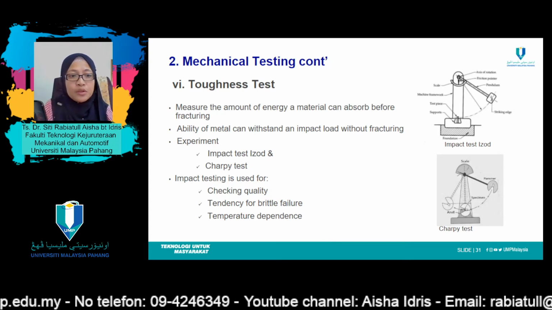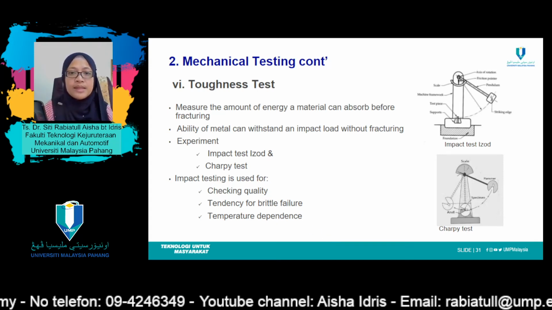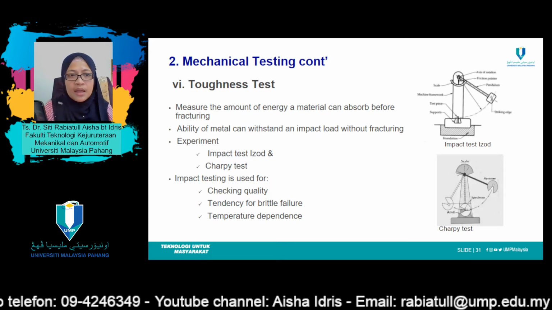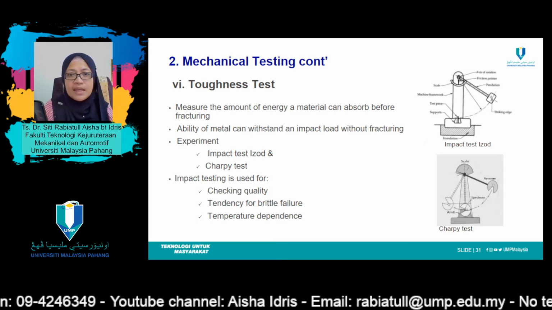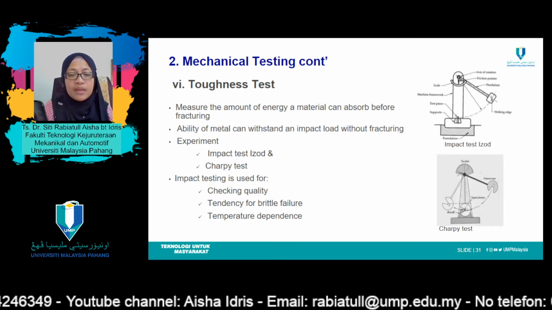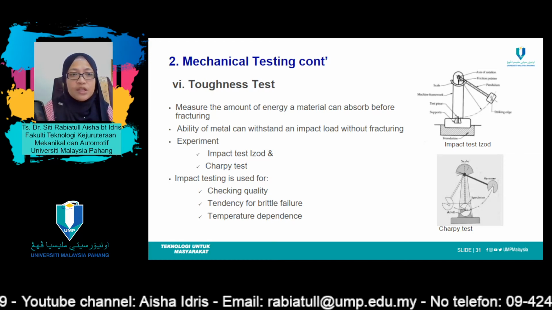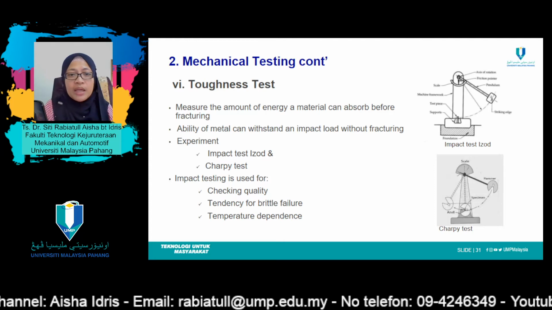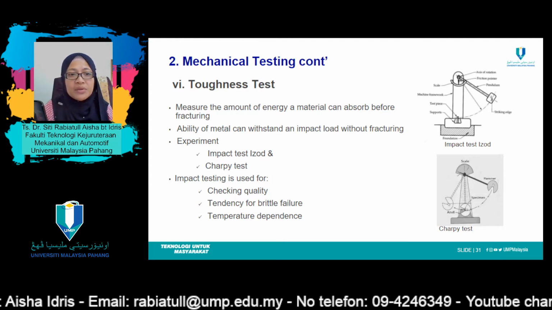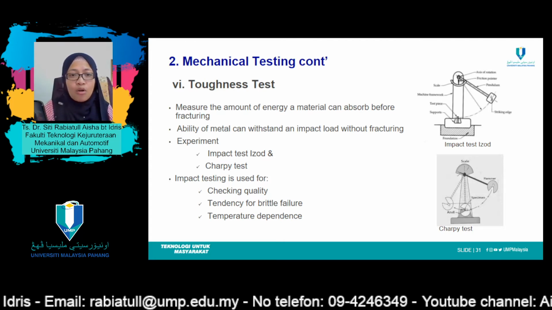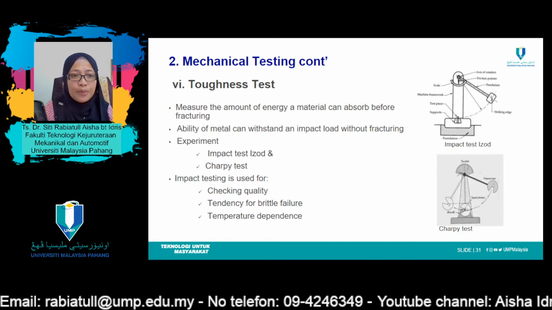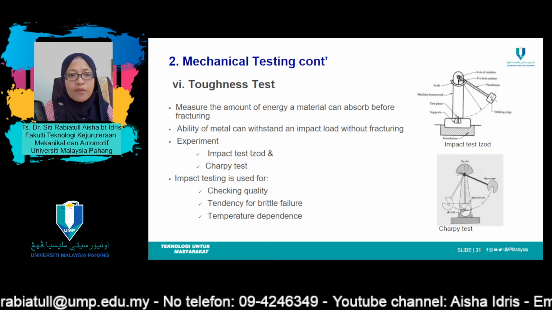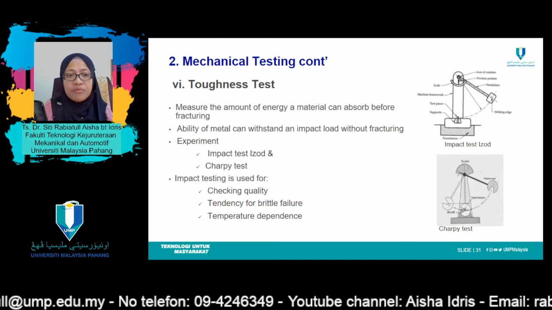So move on to test number 6, which is toughness test. Fracture toughness testing is a mechanical test method used to determine the energy needed to initiate and cause failure within a material. It can also be used in conjunction with fatigue testing, corrosion testing, and elevated temperatures to determine the useful life of the material under different conditions.